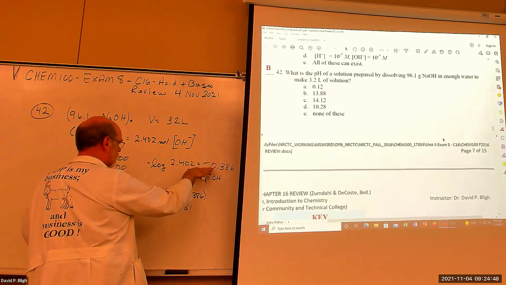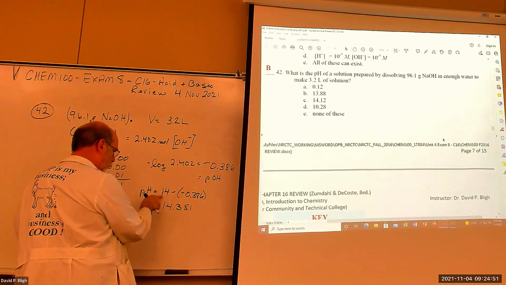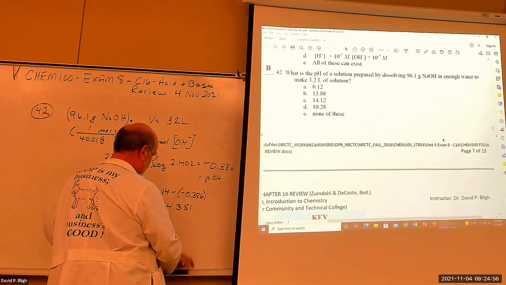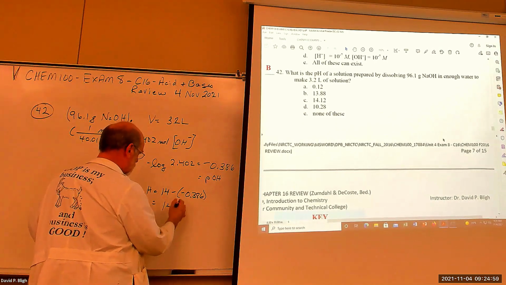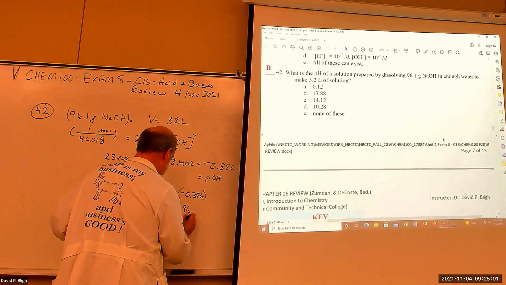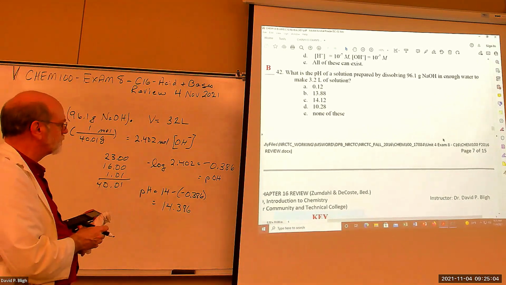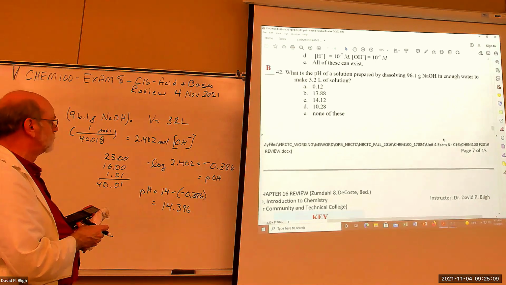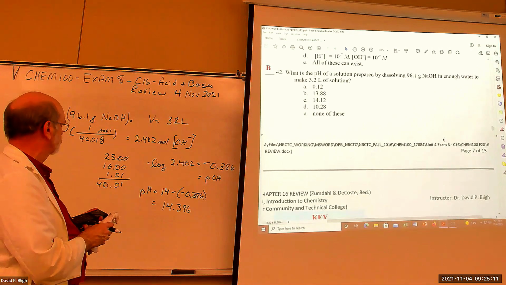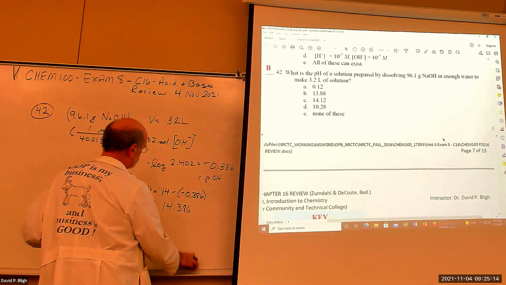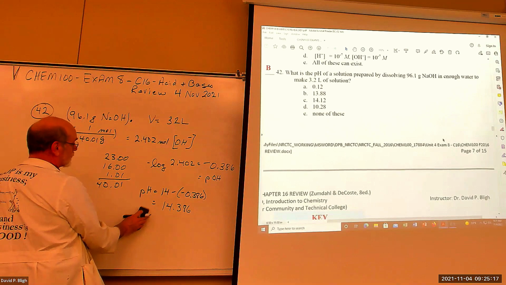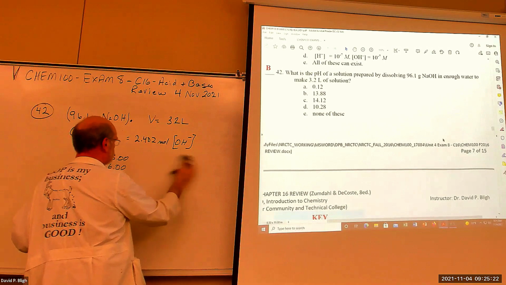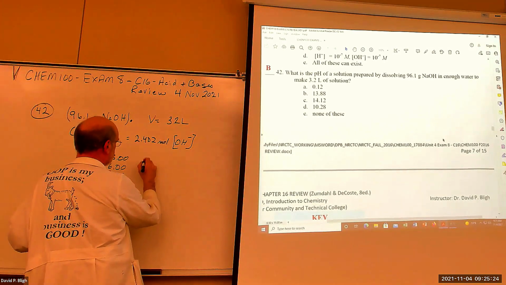Okay, that's a negative number. Then 14 minus pOH is pH. So a minus 386. So 14, well, that's still not right. Oh, boy, am I having trouble today. That's not the concentration. This is the concentration.